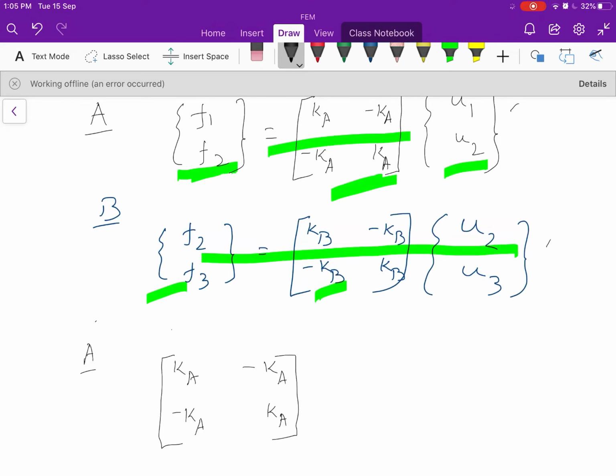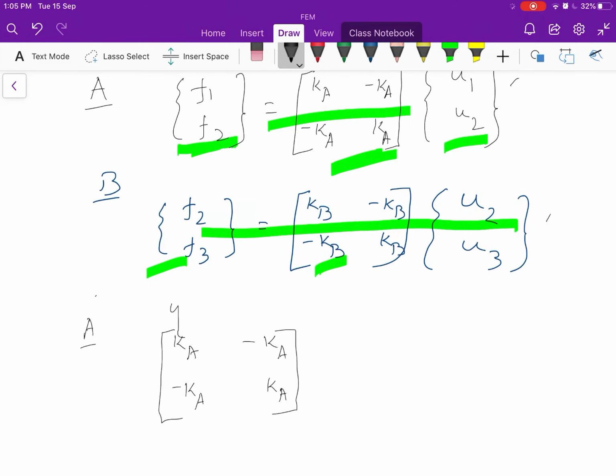Hence, let's just write these things here: u1, u2, u1, u2.